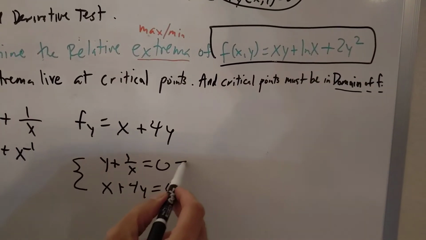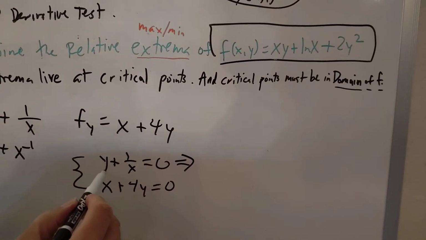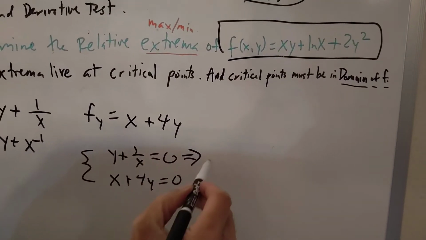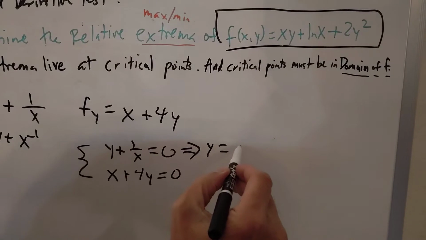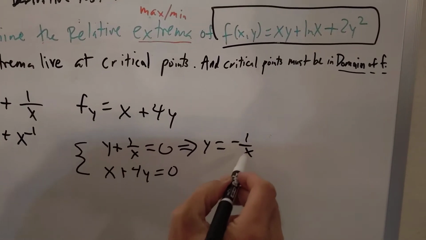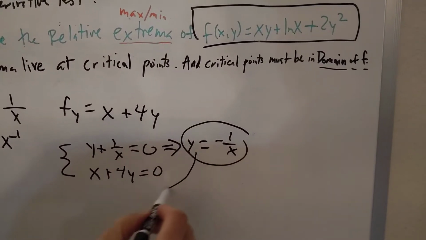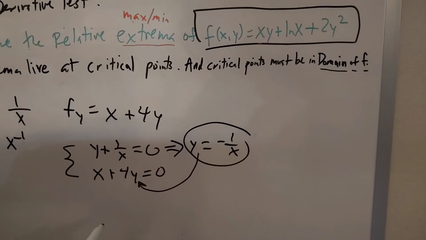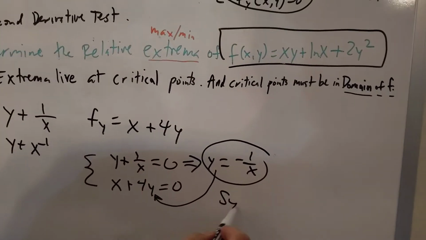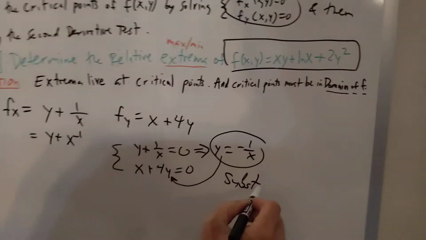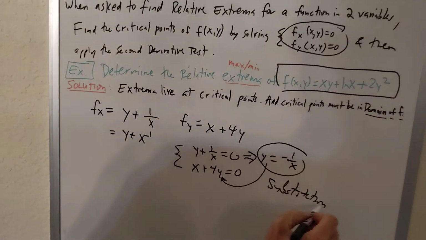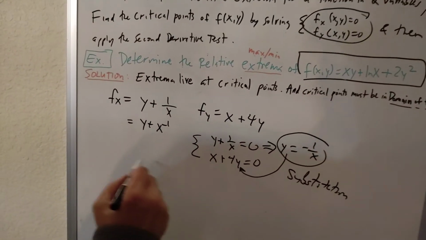So if I look at this first equation, I'm going to solve it for y. If I subtract 1 over x from each side, I get y equals negative 1 over x. And now let's use this for this y here. So I'm going to solve the system by substitution. Let's look at the second equation.